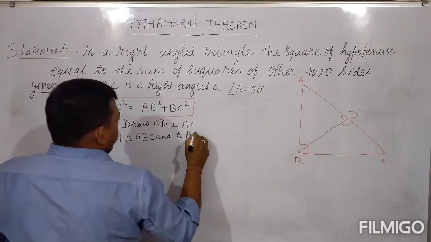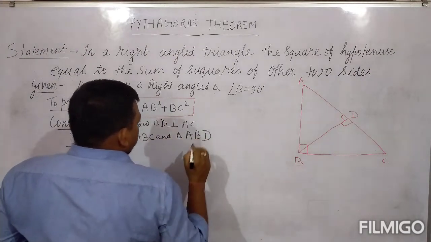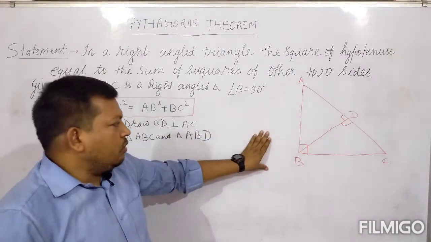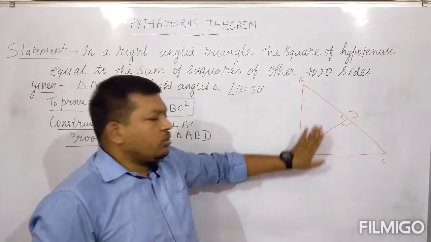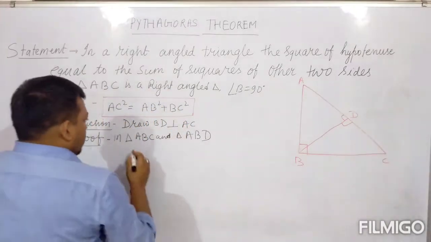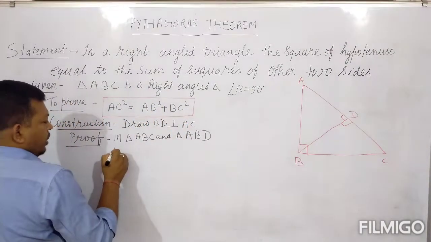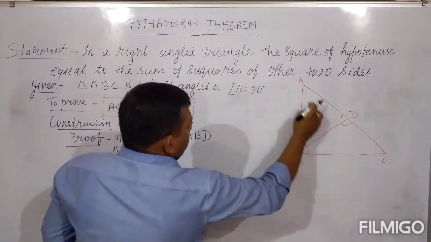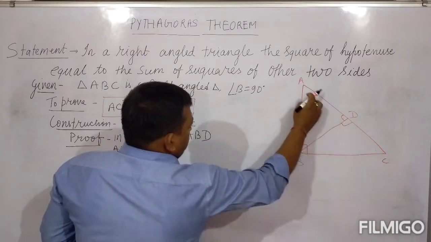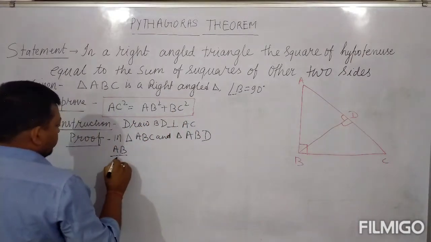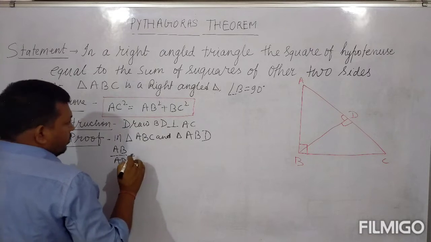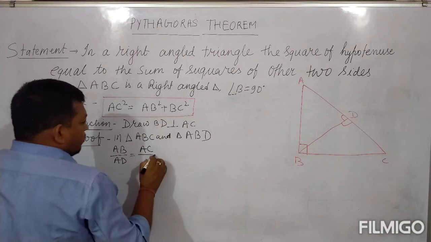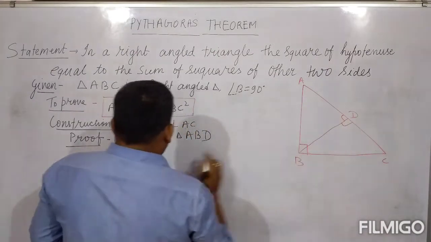In triangles ABC and ABD, what is the rule of similarity? In similar triangles, the ratios of corresponding sides are equal. That means AB, the side of the big triangle, over AD, equals hypotenuse of the big triangle AC over hypotenuse of the smaller triangle AB.